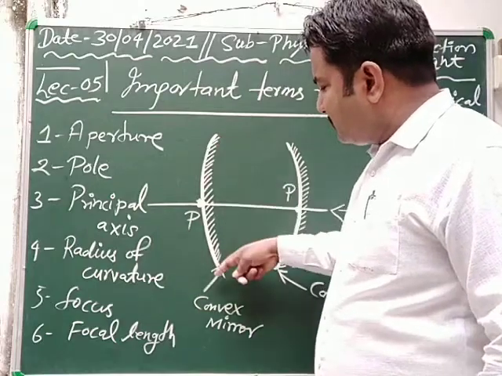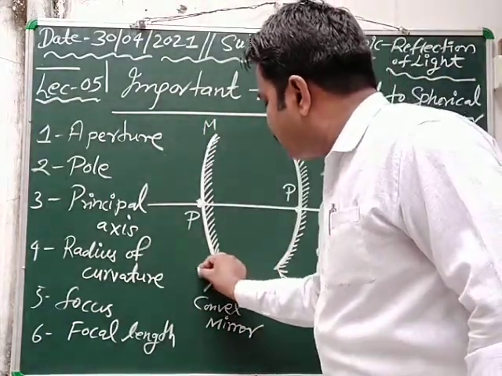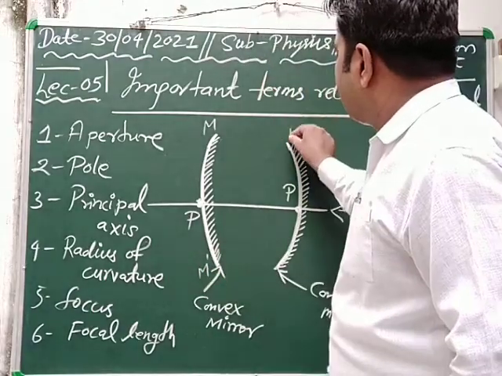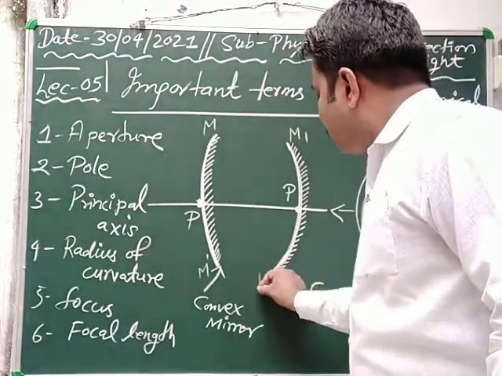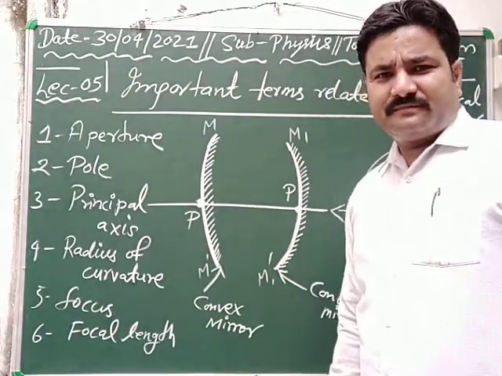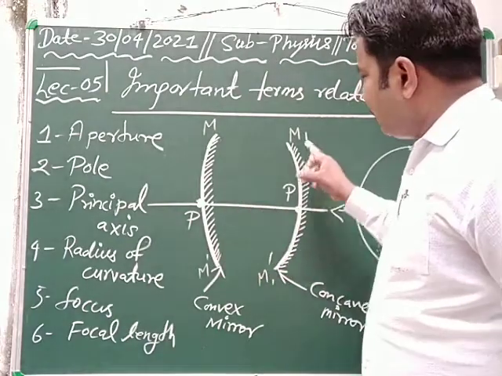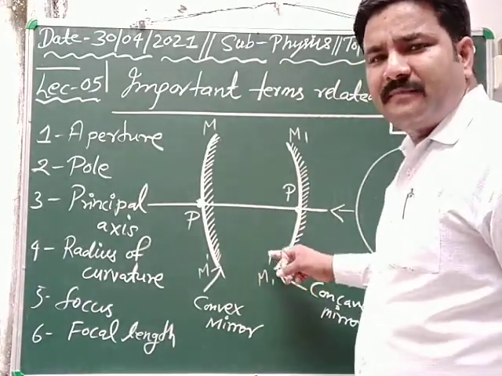This is the total reflecting surface, either from M to M dash or M1 to M1 dash. M dash or M1 dash is the aperture.